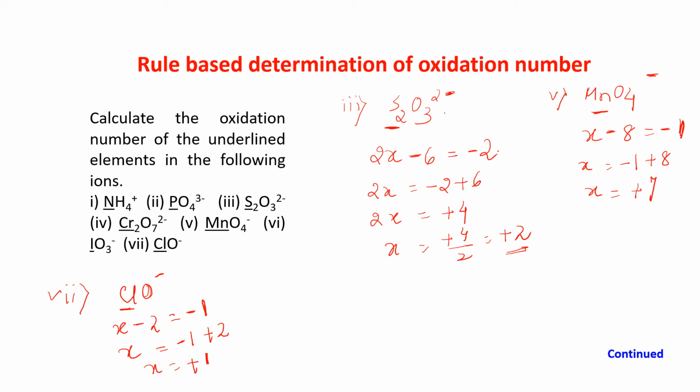Now see, the oxidation number of chlorine here is +1. So there is a difference between the valency and the oxidation number. Have you understood? So oxidation number you always have to write with the sign. Now the rest of the questions you find out, and the questions that I am doing, you also copy in your notebook.